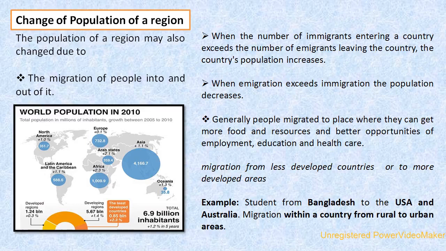Next, why do people generally migrate to other places? They move for many reasons. Majorly we can say in search of food and resources, better opportunities, employment availability, job opportunity, education and health care. All these things matter in migration. Commonly, migration is from less developed countries to developed countries.